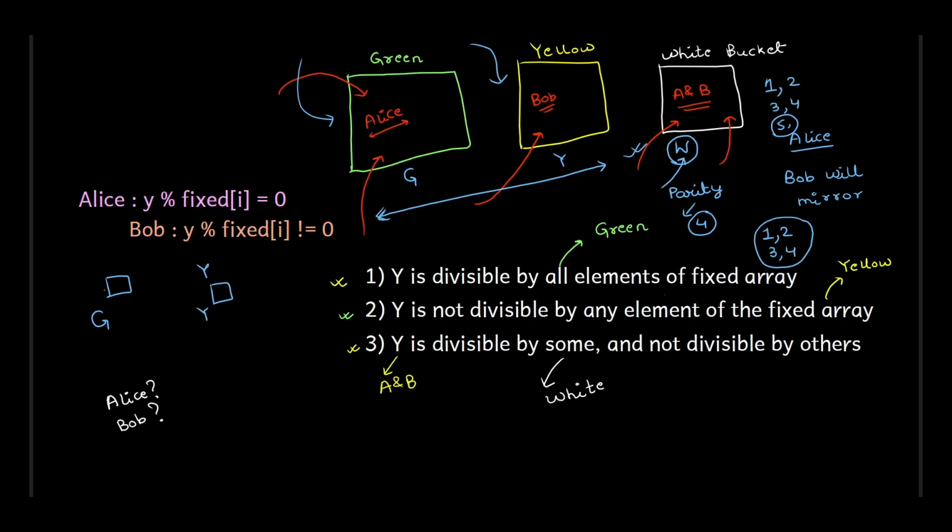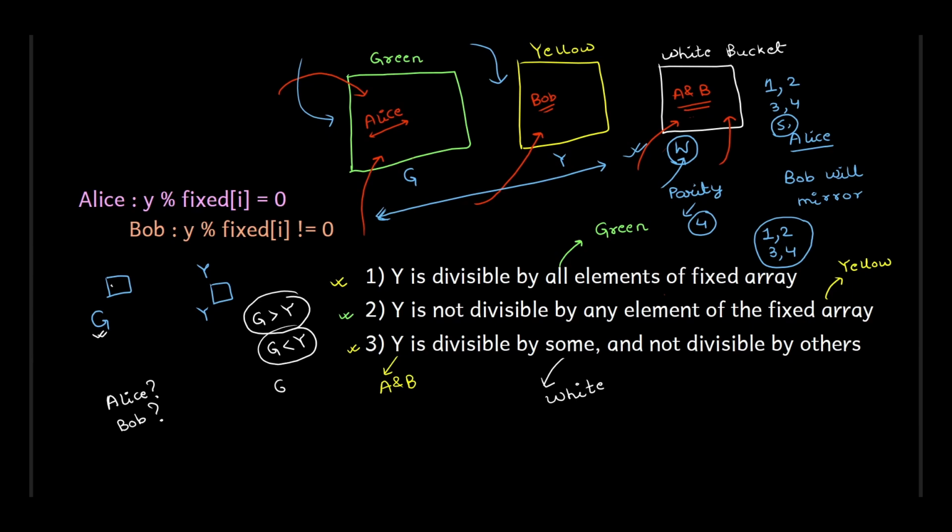Since you can only clear out one element from your bucket in each round, whoever has the most number of elements will win. So if G is greater than Y and Alice is starting the game, then of course Alice will win. But if G is less than Y, then Bob will win.